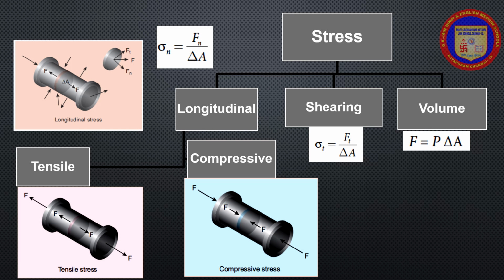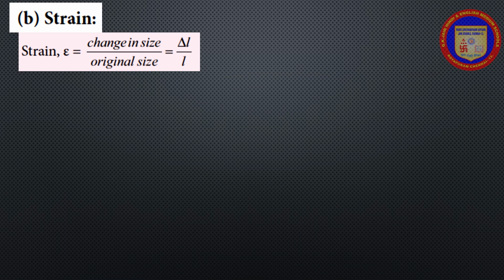Then the pressure at the location of the solid is P and the force on each area delta A is F is equal to P into delta A, where F is perpendicular to the area. The force per unit area is called volume stress. Sigma V is equal to F by A, which is the same as the pressure.